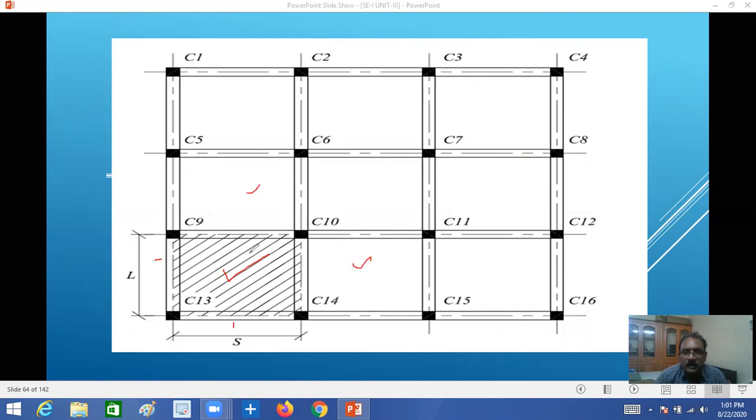For this slab, one edge is discontinuous but three edges are continuous. For this slab, similarly, two edges are discontinuous and two edges are continuous. Like that, for this also, three sides are continuous and one side discontinuous.